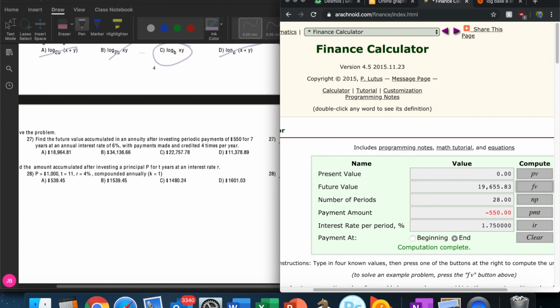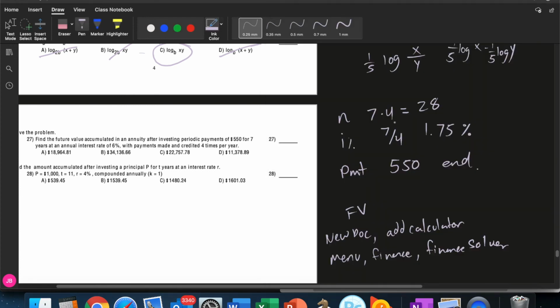oh, I see what I did. My interest rate is actually 6. Sorry, I made that mistake. I thought it was 7. So it's good to see your mistakes. Okay, so this is going to be 6 over 4. That's completely my mistake. So it's going to be 6 divided by 4, which is going to be 1.5.